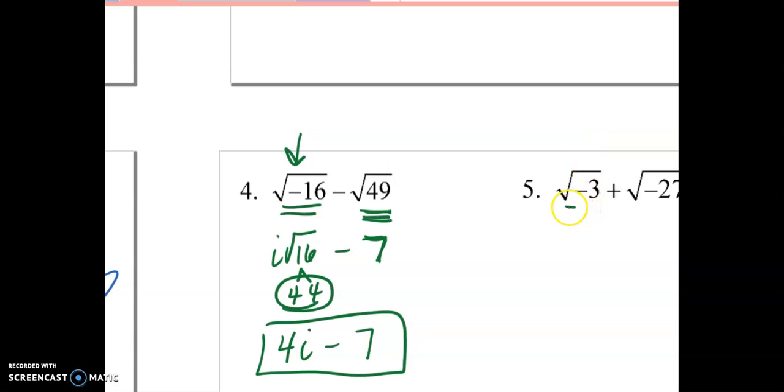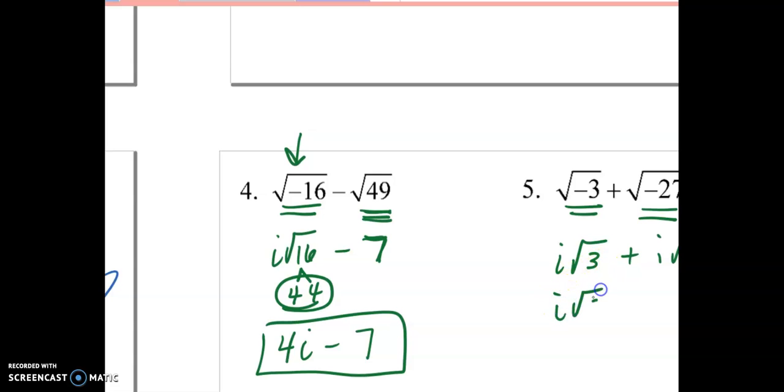When I look at this one, this and this are not real. They're both going to be imaginary. So if I did i root 3 and i root 27, that would be fine. I could add these together if the radicals were the same, because that's the rules of radicals.